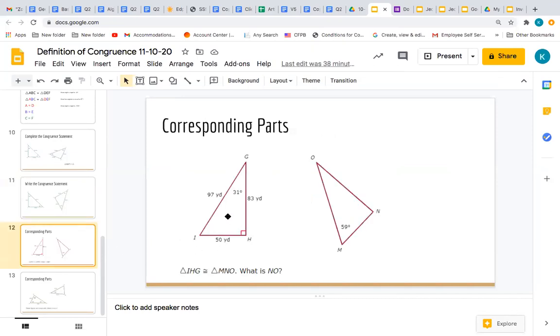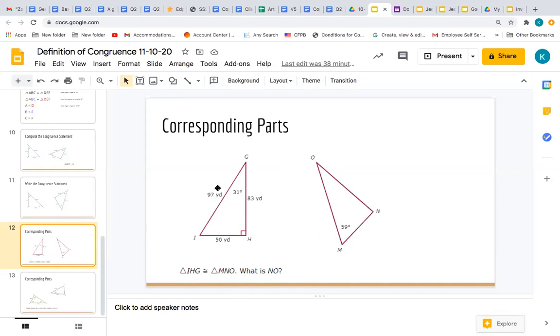In here, there's another question. Triangle, right angle over here, 31 degree and 59 degrees. Triangle IHG is congruent to MNO. So angle G is 31, so these two are congruent, so the O is going to be 31 because they are congruent, they already gave that.